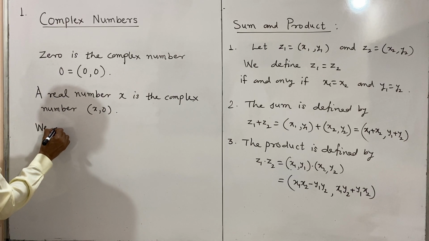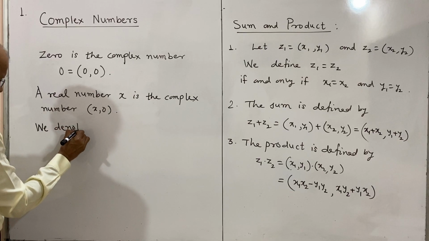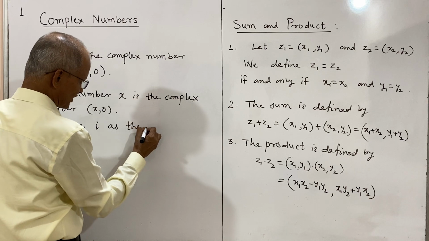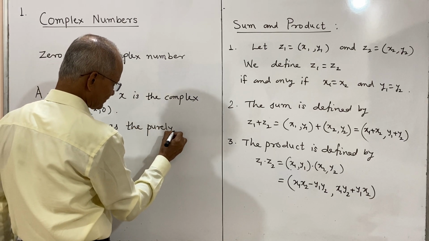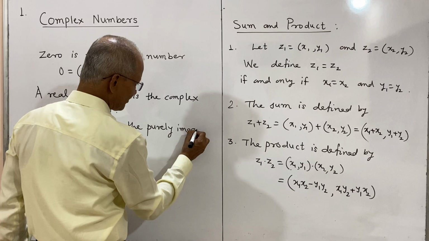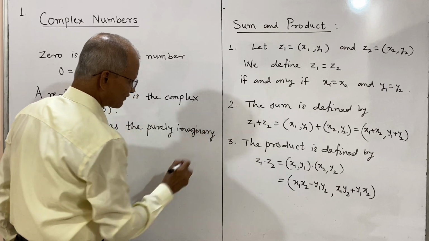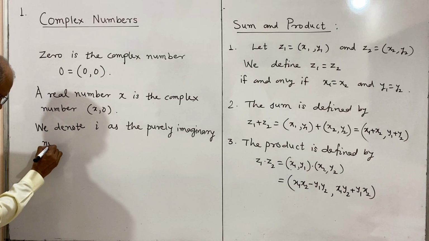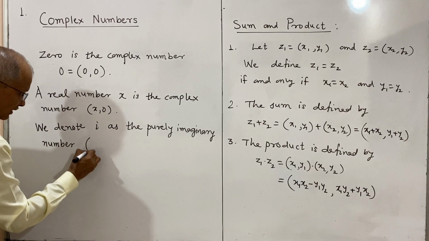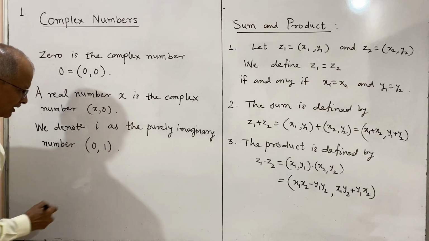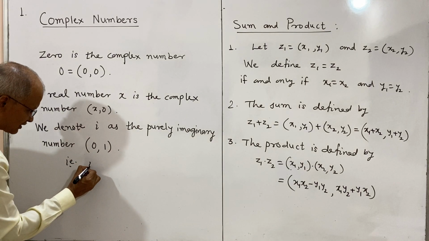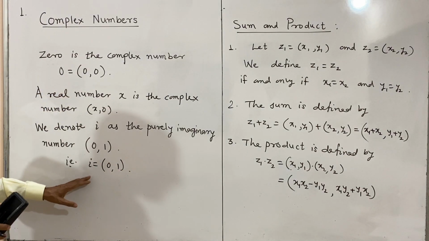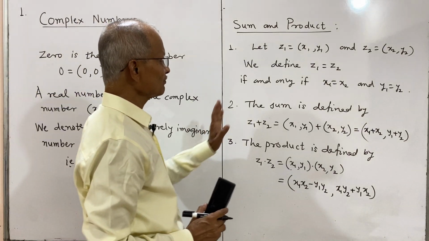And we denote i as the purely imaginary number. Why is it purely imaginary? Because its real part is 0. That is, i is equal to 0, 1, the purely imaginary number. And with this notation we shall now write z.